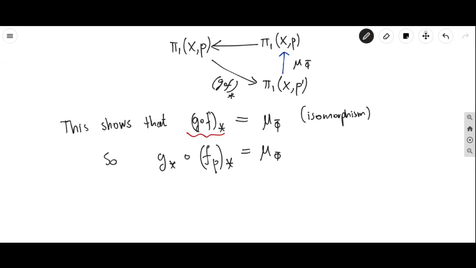mu phi. Basically, the fact that it's equal to this does not matter. So this is an isomorphism.